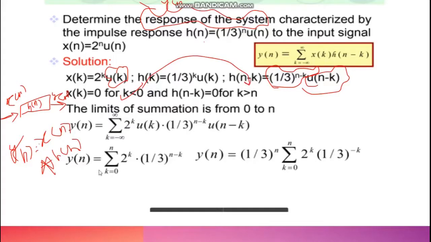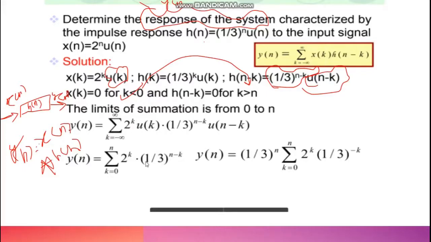So we can write sigma k is equal to 0 to n, 2 to the power k u of k into (1/3)^(n-k) u of n minus k. U of k's amplitude is 1 and u of n minus k's amplitude is 1. So this gets replaced by y of n is equal to sigma k is equal to 0 to n, 2 to the power k into (1/3)^(n-k). Now, if you look at the summation, you can split this, right?